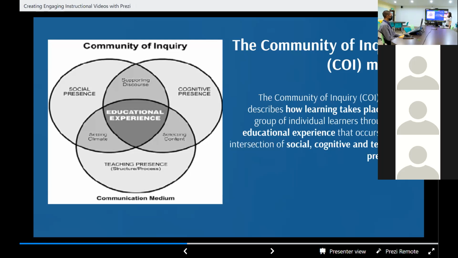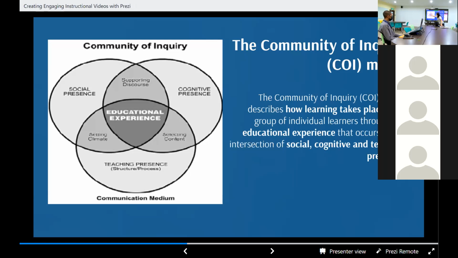It's all about how learning takes place for a group of students through the educational experience that occurs at the intersection of the social, cognitive, and teaching presence. So when I say cognitive presence, it means something to do with their head. This is a lot about the content. Content is not enough.